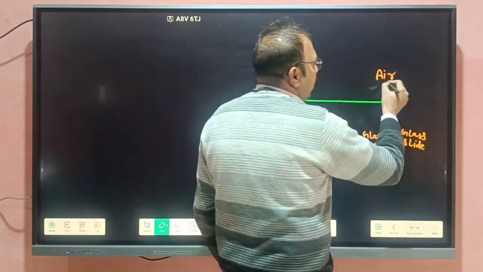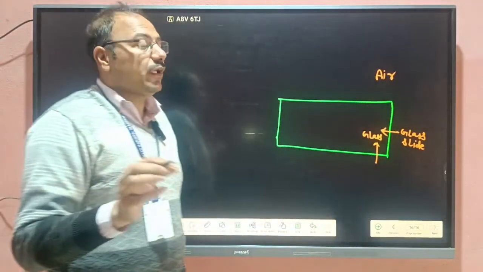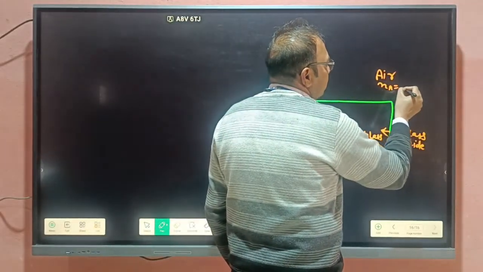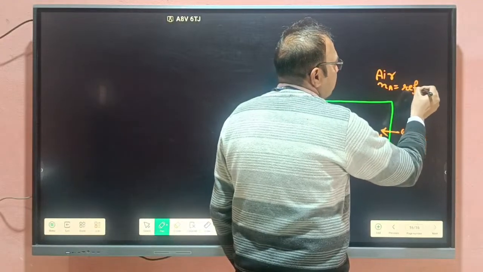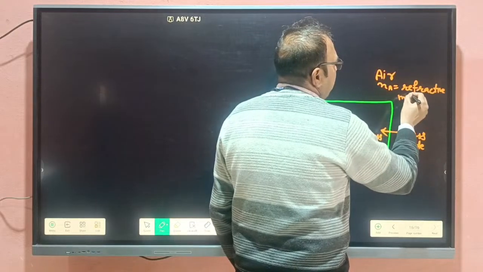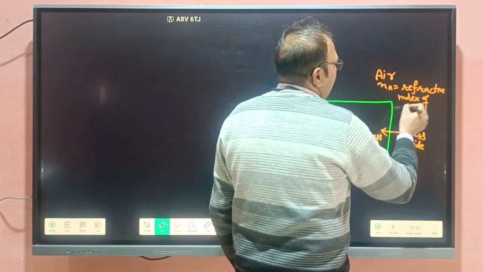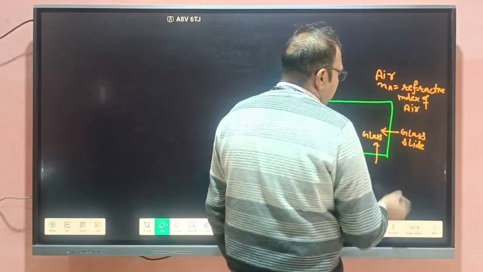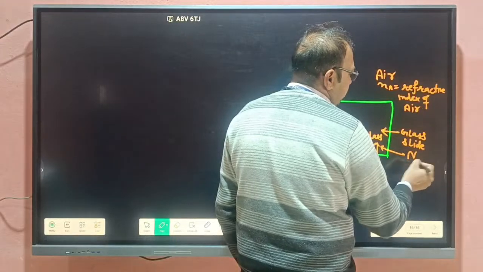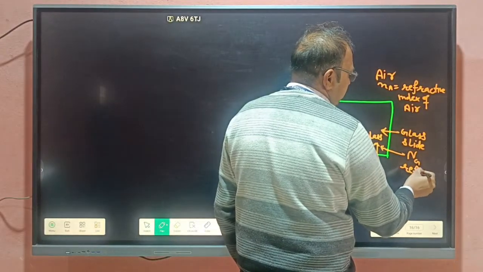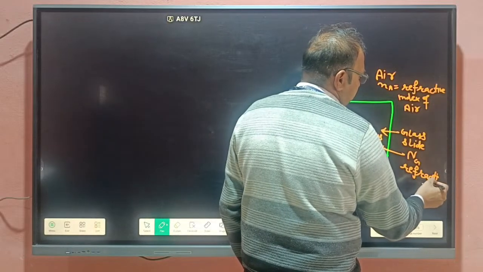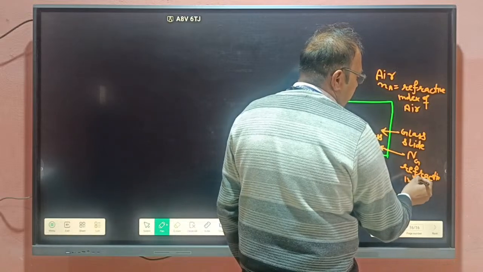The refractive index is written as N. So Na is the refractive index of air, and Ng is the refractive index of glass.